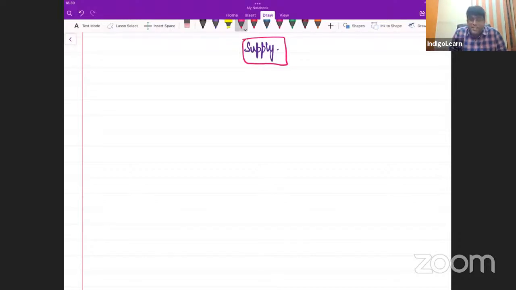Ultimately, a transaction is taxable only if it is supply. If it is not a supply, there is no tax at all. So we don't use the words purchase and sale. We use the words inward supply and outward supply. Clear?